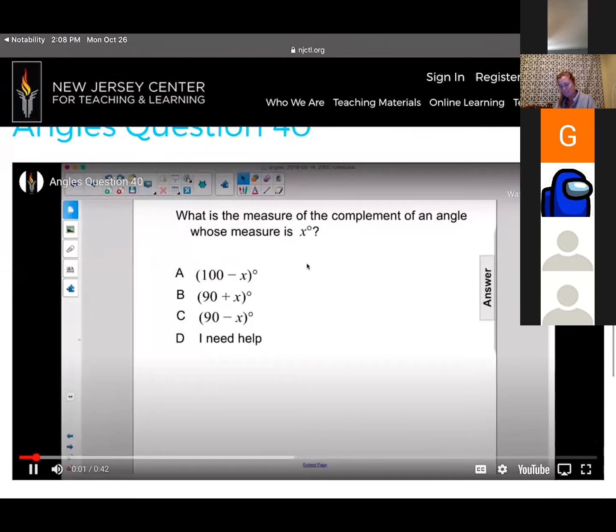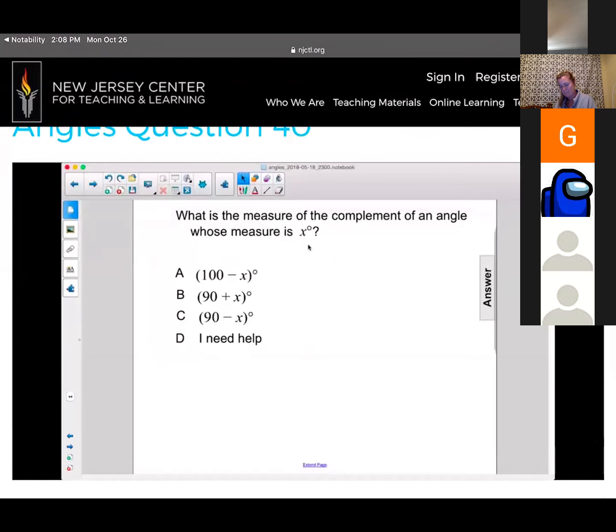What is the measure of the complement of an angle whose measure is x degrees? All right, so we have our right angle, and we have a line like that. And if this portion here is x, then this portion here is what we're solving for. I'll call that y.